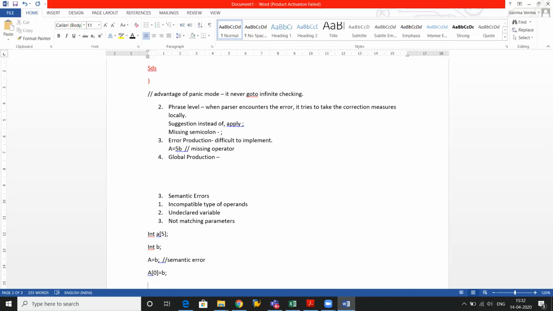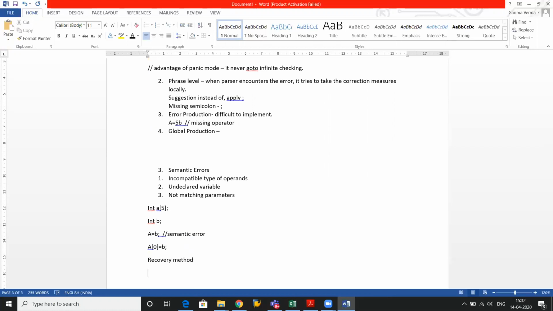Fine. So now come to the recovery method. For semantic errors, the semantic analyzer cannot use panic mode, phrase level mode, error production, or global correction. So it uses the symbol table method for error recovery, right?